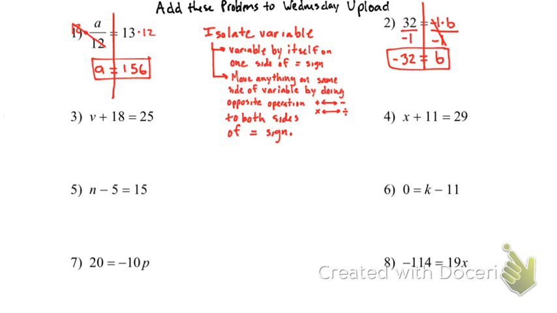Okay, so I really want to just mention this because a lot of students get this confused, all right? So it was really -b, which is really -1 times b, so we divided by -1, okay? I call this guy the negative.